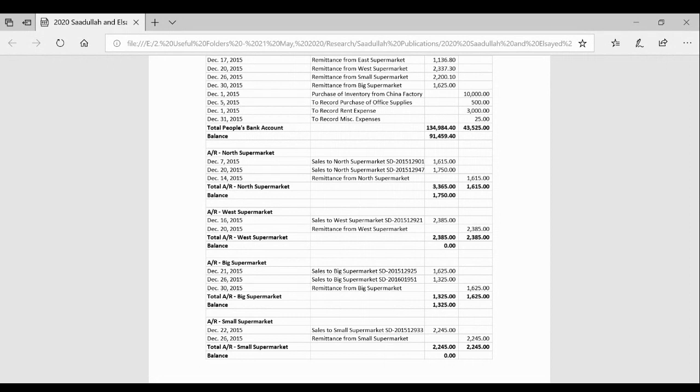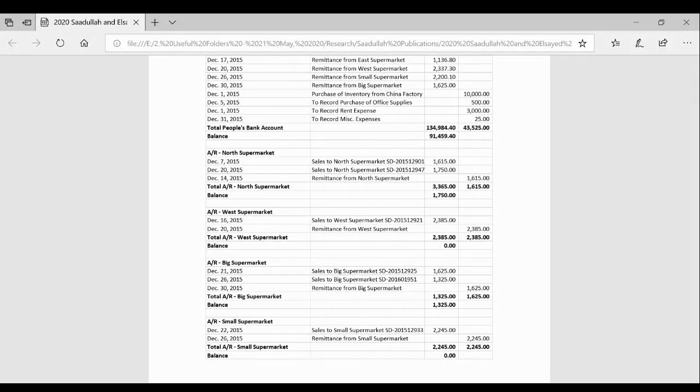1615. Very good. So now you see in any company, the total accounts receivable may be $1 million, but it is made up of individual items, individual accounts receivable from different customers.